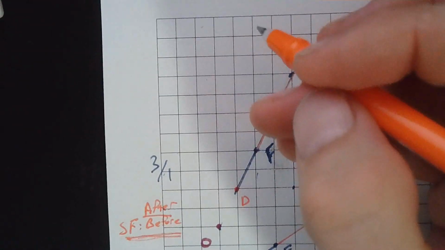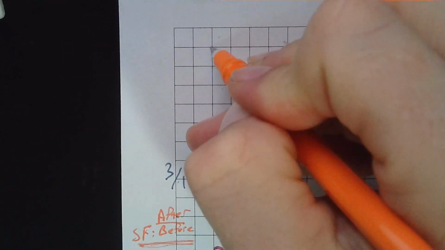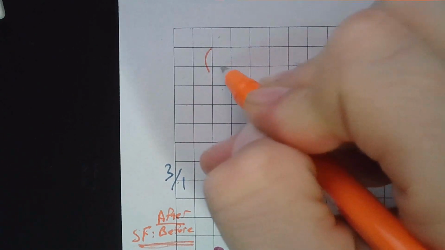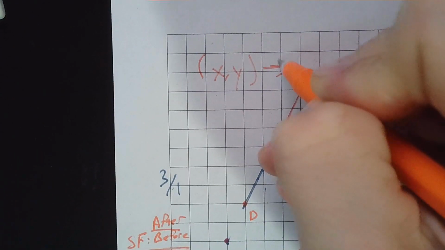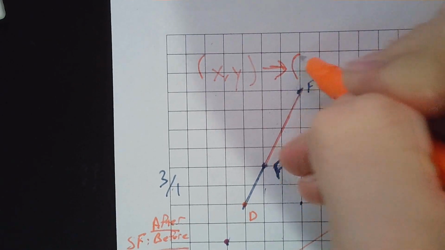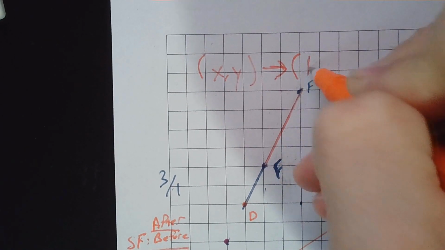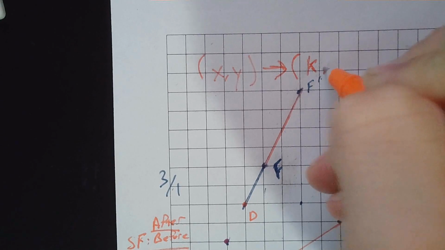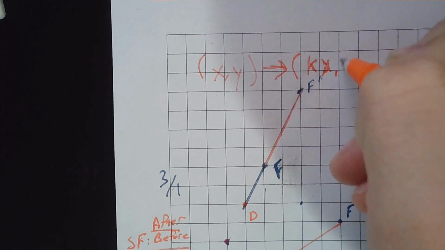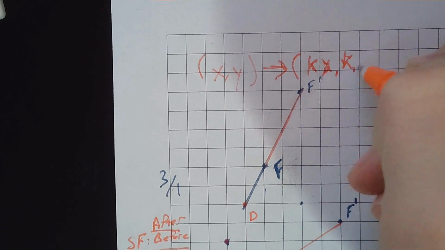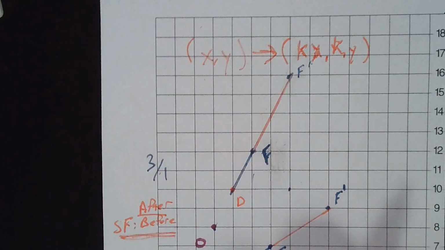And then your algebraic expression for a dilation is simply your x comma y, and then your scale factor is represented by k times your x value, comma, k times your y value. Right? That's all that is.